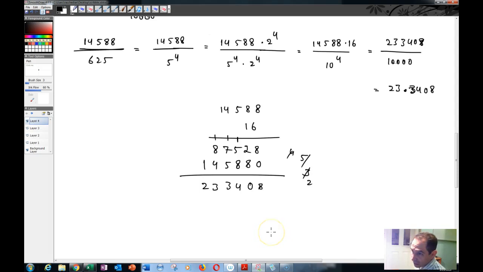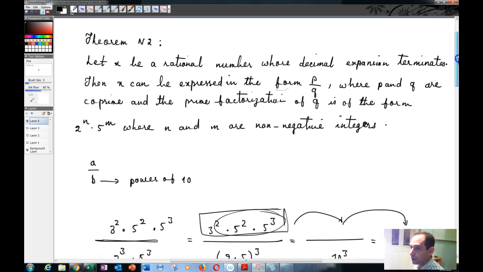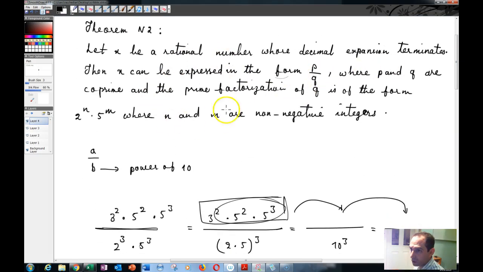So you can see that, again, it's all about the converse of this theorem.